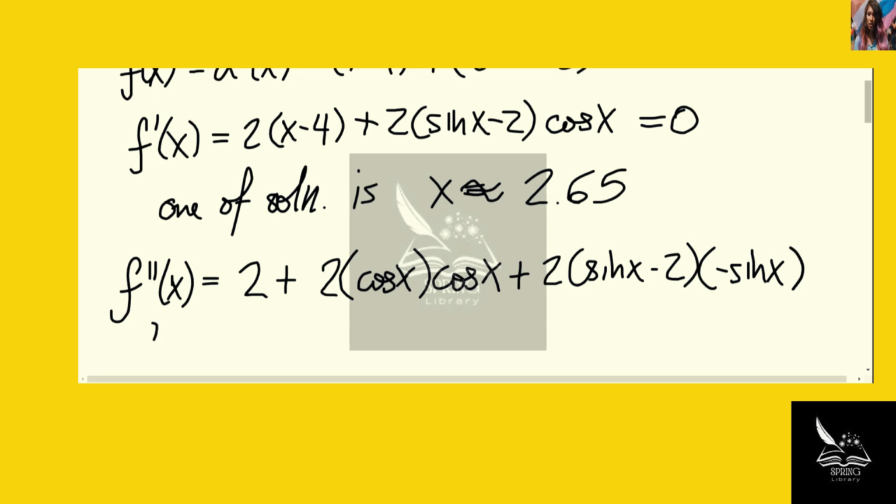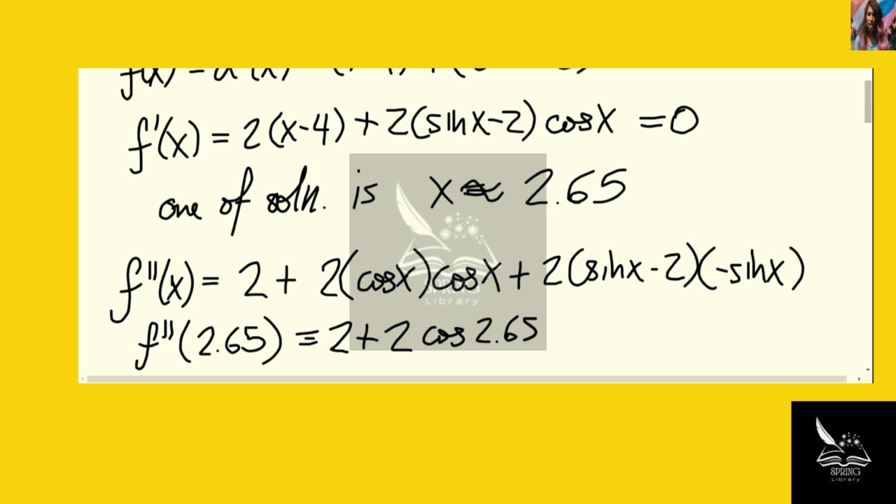And so if we plug in 2.65, we get 2 plus 2 times the cosine squared of 2.65 minus 2 times the sine squared of 2.65 plus 4 times the sine of 2.65.